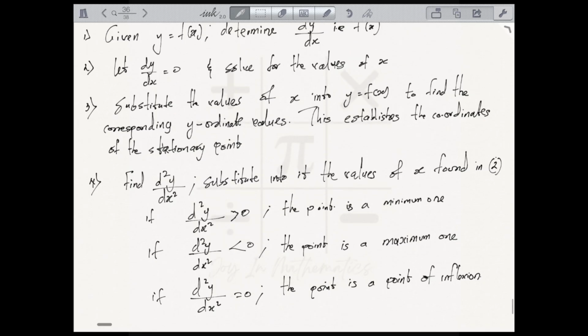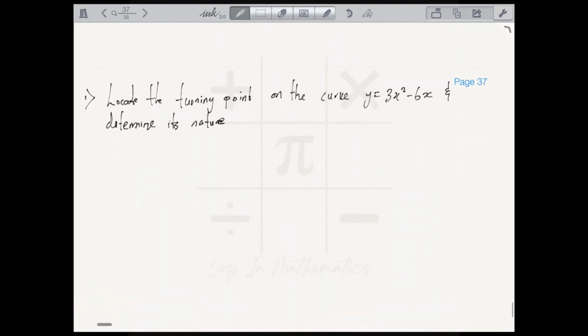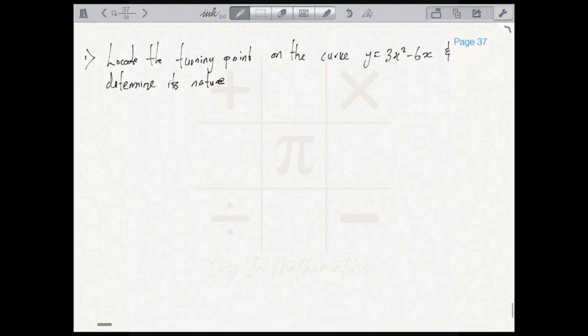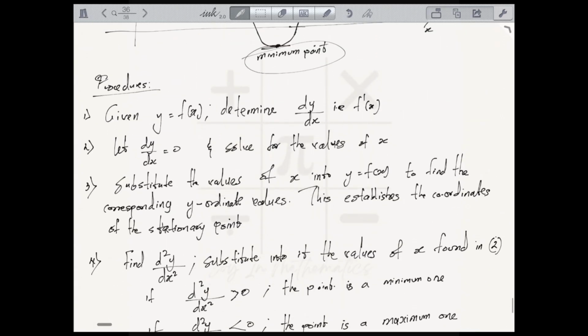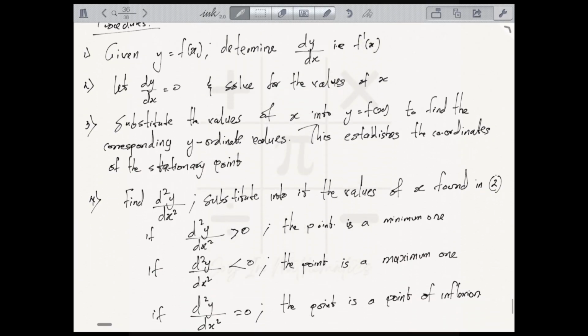Now we have an example here. It says we should locate the turning point on the curve and determine its nature. Now we will go through the steps one by one. The first thing to do is to determine dy/dx in step 1.